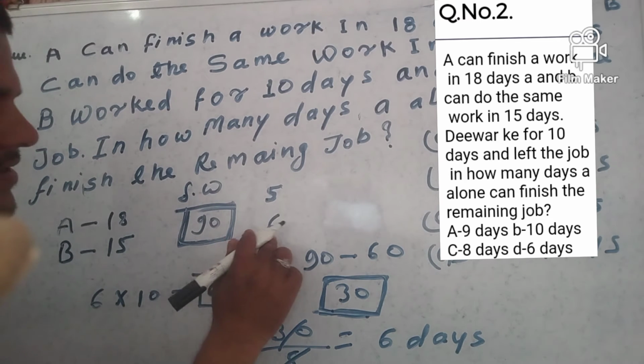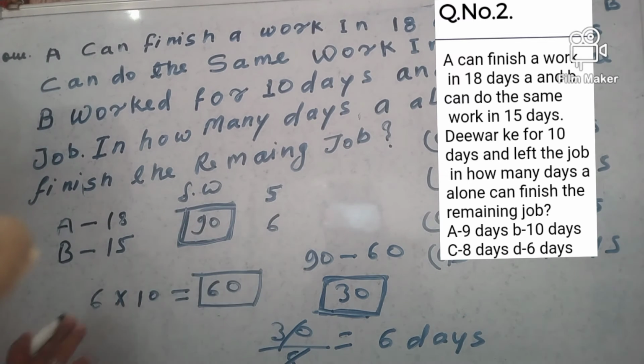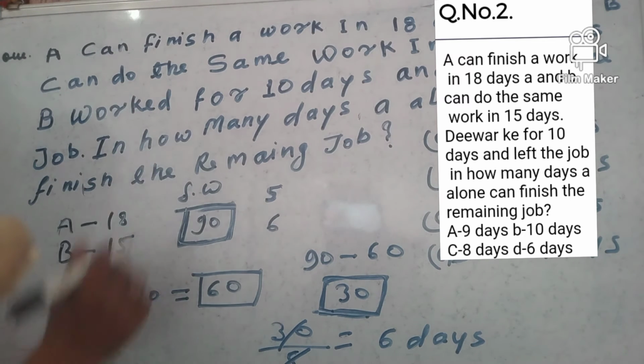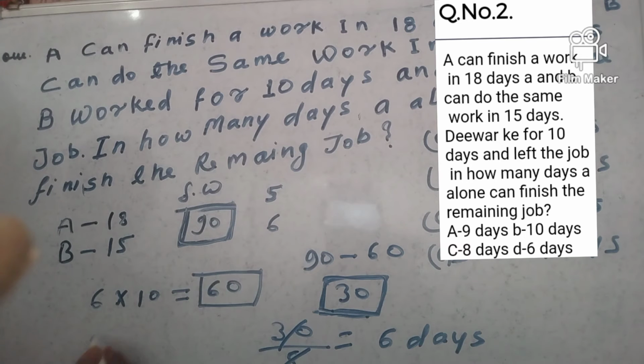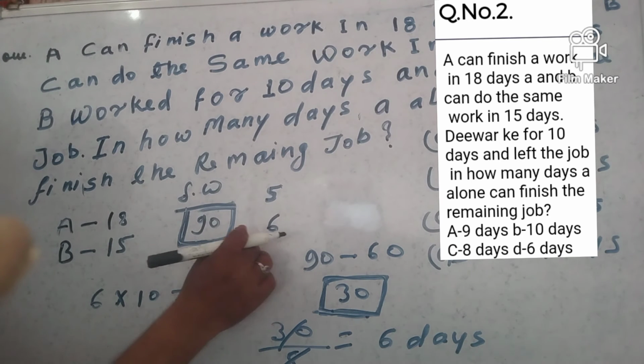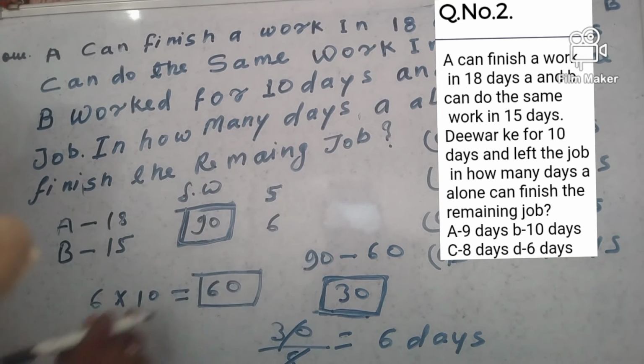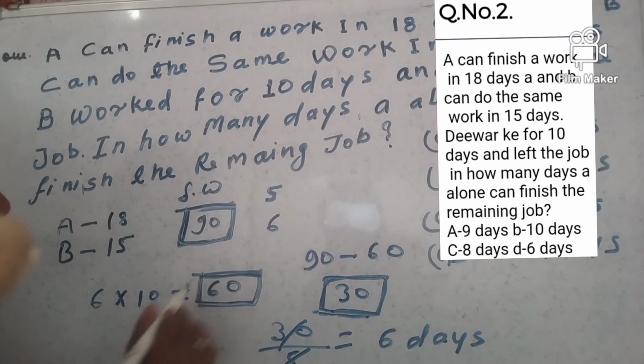So we can say he does 6 work in a single day, and B worked for 10 days. So 10 into 6, he will do 60 work.